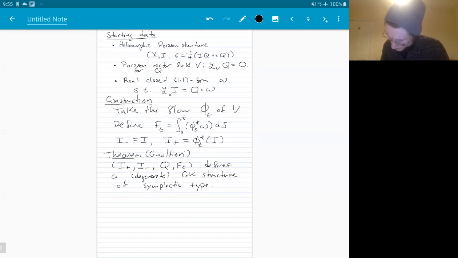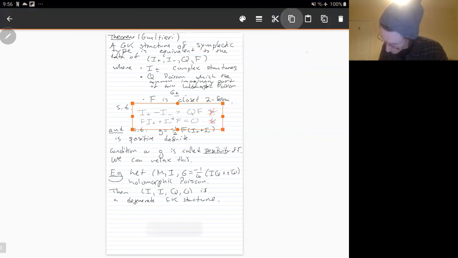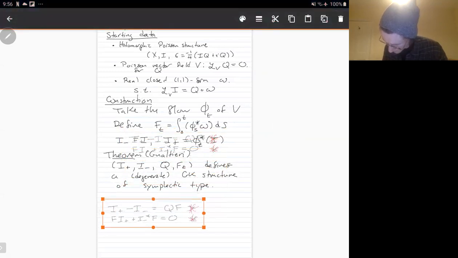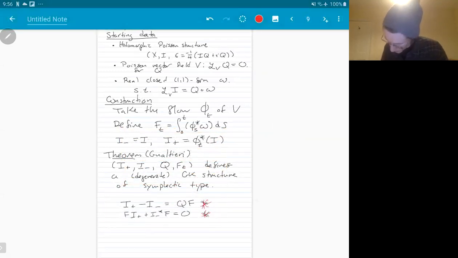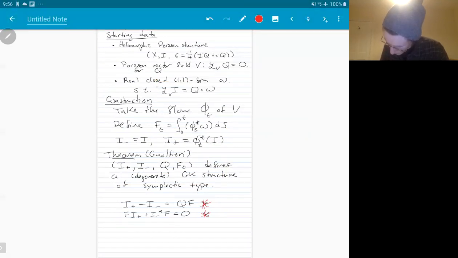So what's going on here? Well, we want these equations to be satisfied here. And so I'm just going to copy them. This equation here is the infinitesimal version of this one here, right?